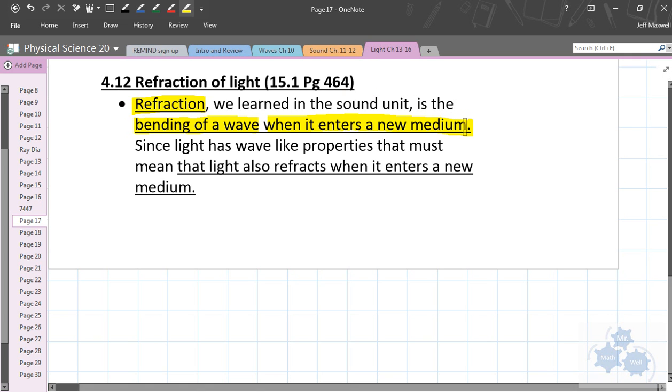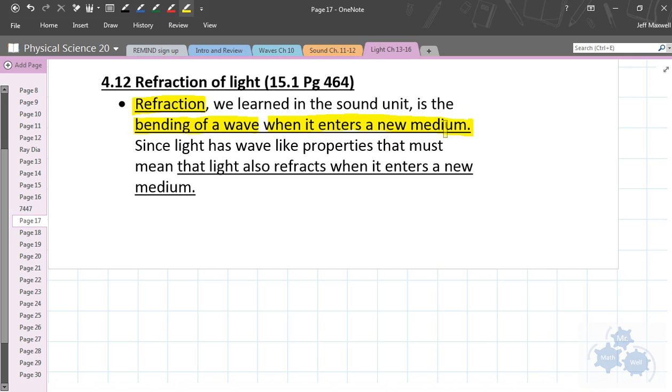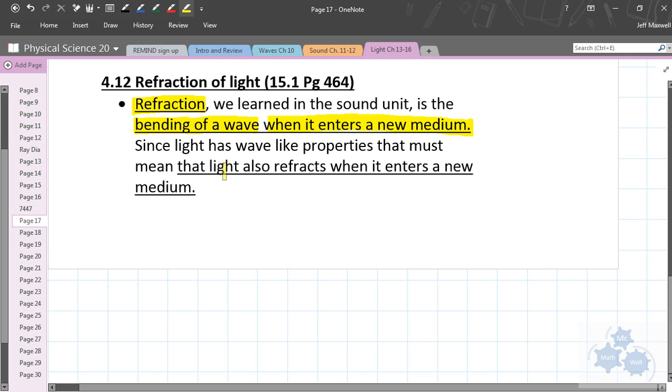Light is a little bit easier to show this refraction, and we're going to explore light refraction in chapter 15. Since light has wave properties, that must mean that light also refracts just as sound does. So light refracts as it enters a new medium, and that's what refraction is.